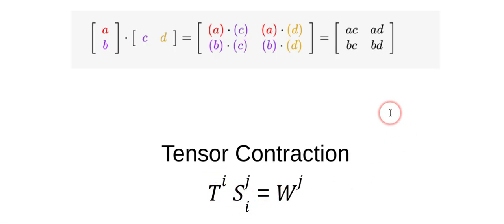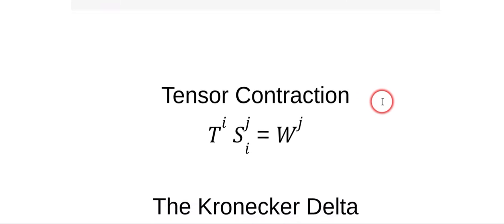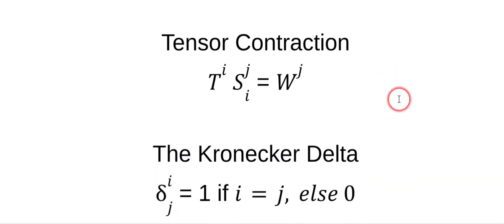A real easy way for me to understand what that means is to use the Kronecker delta. And you've seen this before. So the delta ij is equal to 1 if i equals j, else it's 0. So if i does not equal j, it's 0.